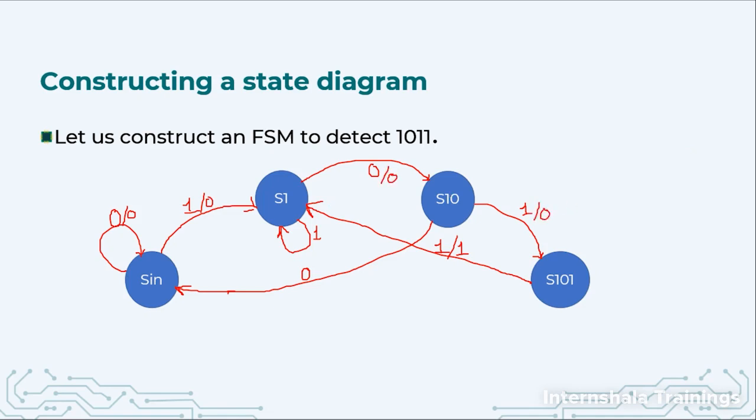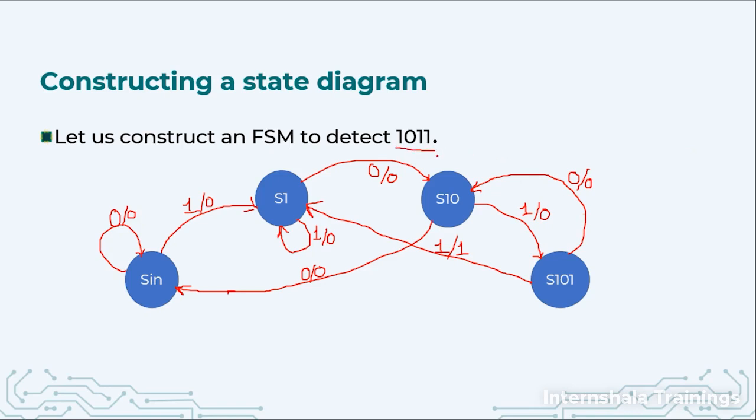In Mealy machine, remember, we used to write output on the state transition. Now from S101, if the input is 0, then I can traverse to S10. So input is 0, output is 0. So this is how we construct a Mealy machine based finite state machine which can detect the pattern 1011.